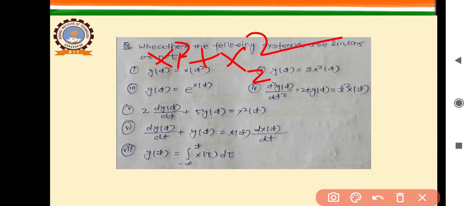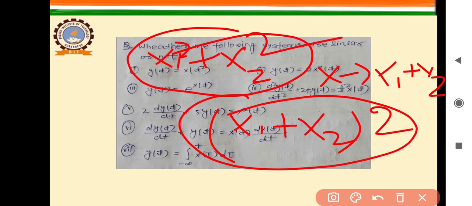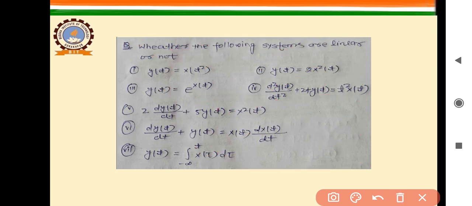And when I replace x by x1 plus x2, it will give x1 plus x2 whole square. These two results are not the same. Hence the given system will not follow the law of additivity. The given system is a non-linear system.